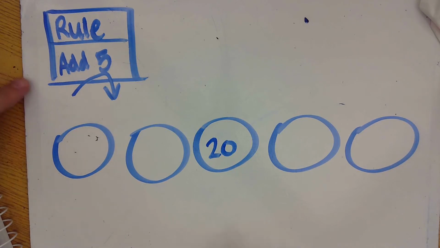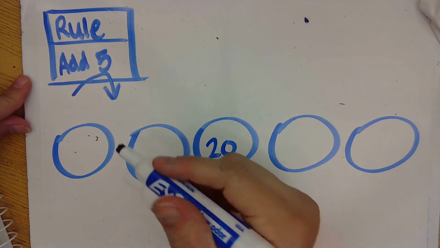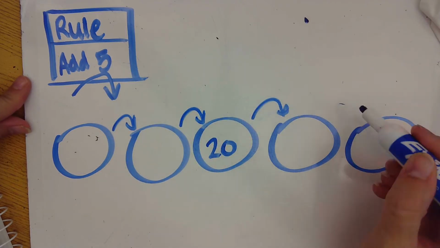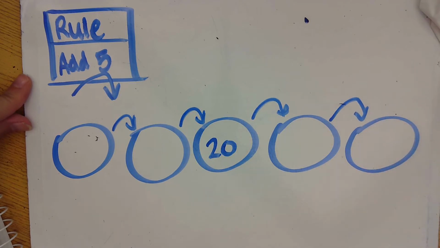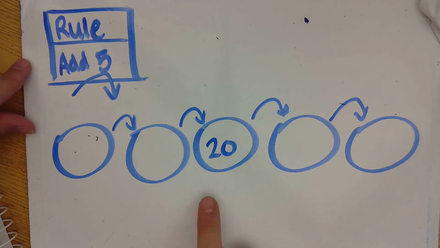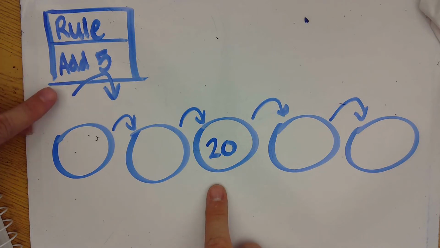This time, I have one number in my frames and arrows. Here are the arrows, and the circles are the frames. Now, I have this one clue, and my one clue is that the number that goes in this frame is the number 20. My rule is that I must add 5 every time I see the arrow, but the arrow is always going to the right.